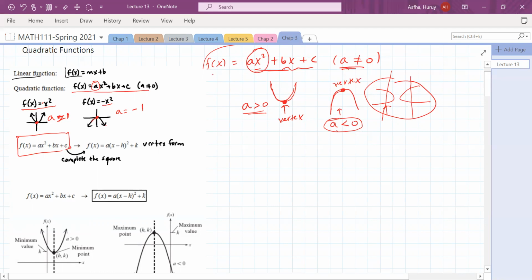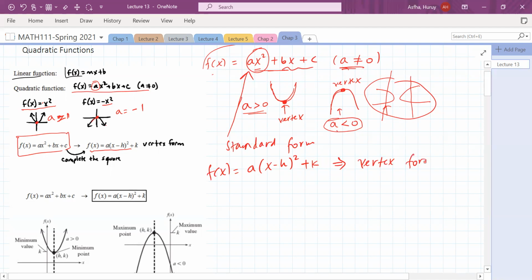We can do that by rewriting this function in its vertex form. The standard form of a function is this one. This is what we call the standard form. Then I can rewrite f of x as a times x minus h, squared, where h is some real number, plus k. And this is what we call the vertex form.